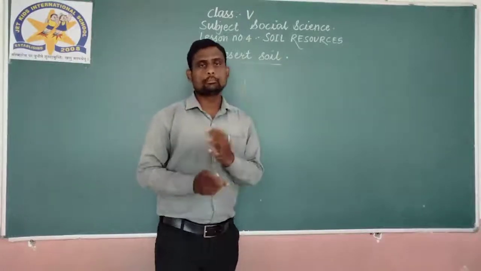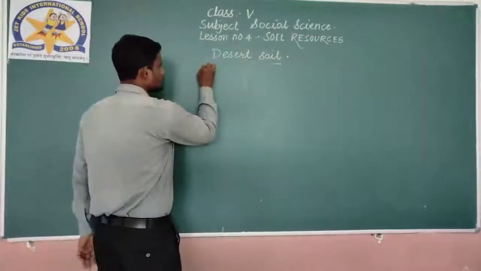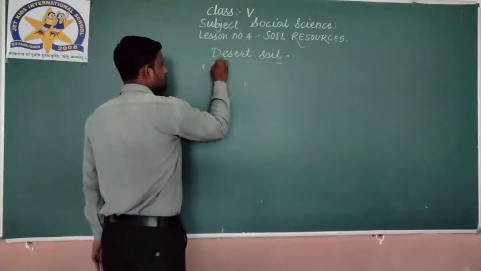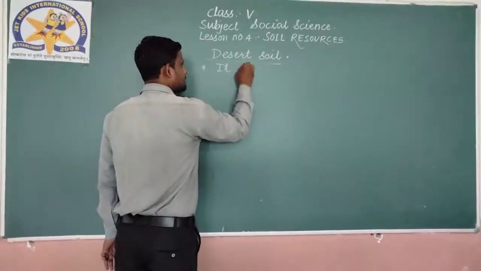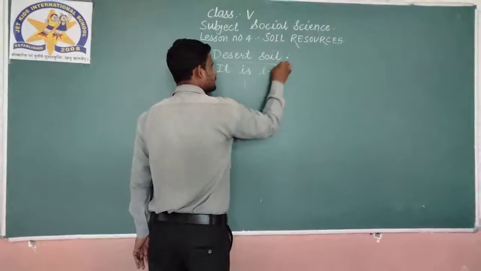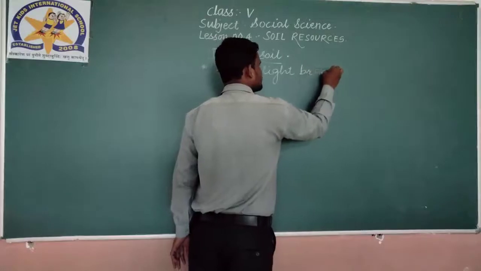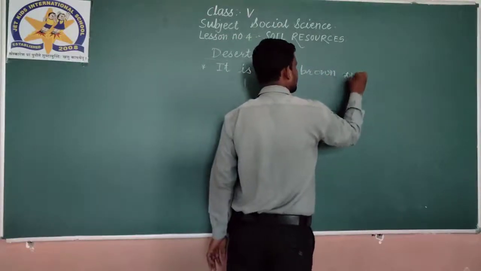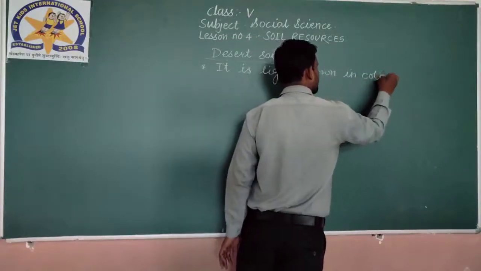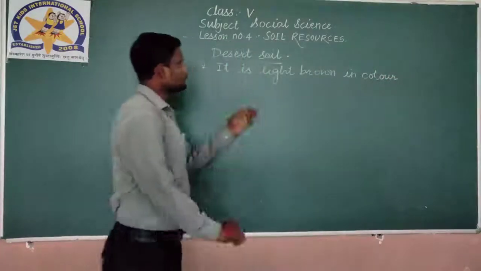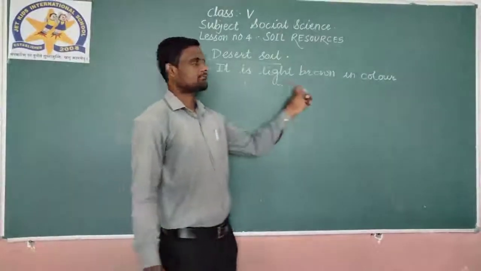So the first point is it is light brown in color. Color of this soil is what? Light brown.